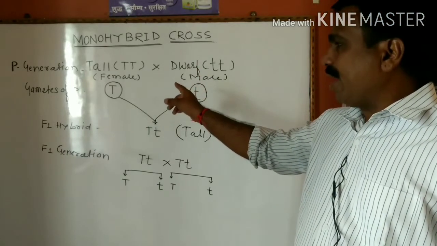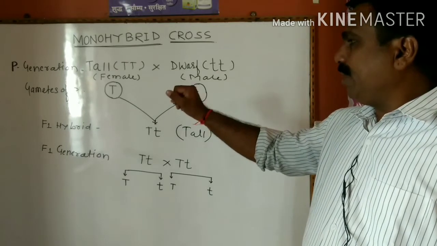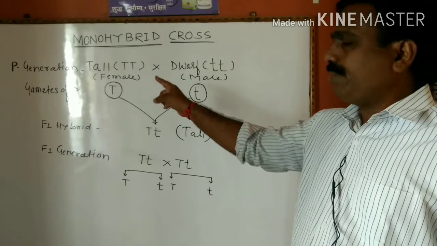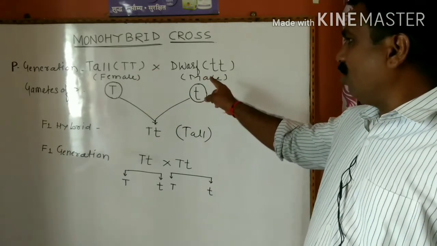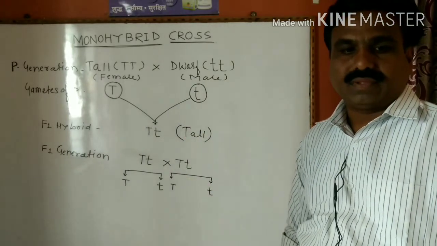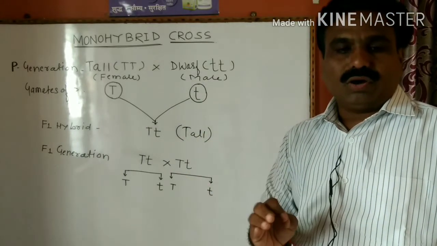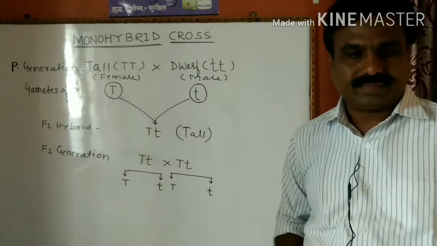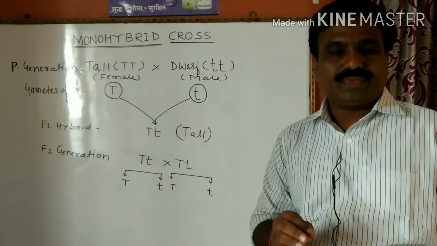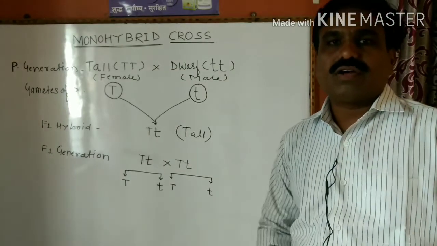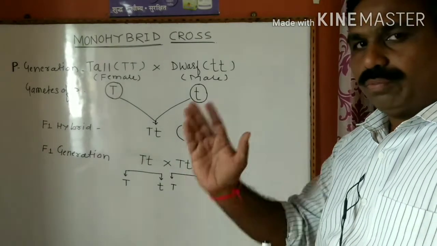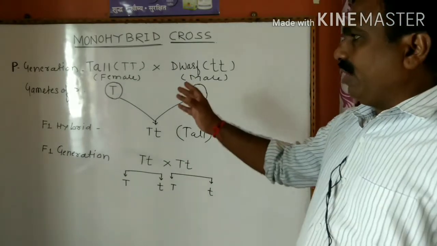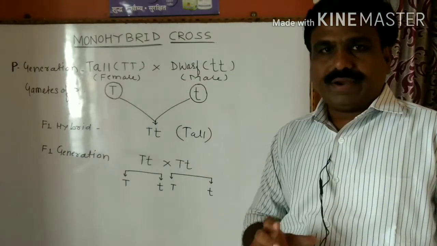In the selection of the parents, male and female plants are considered. In this cross, tall is the female plant and dwarf is the male plant. He confirmed that the dwarf and tall pea plants are true breeding by selfing them for three generations.